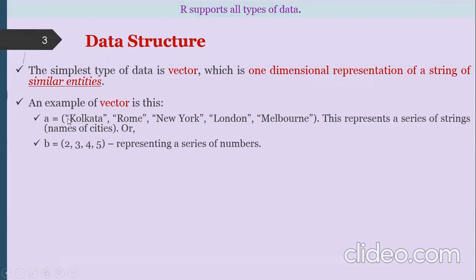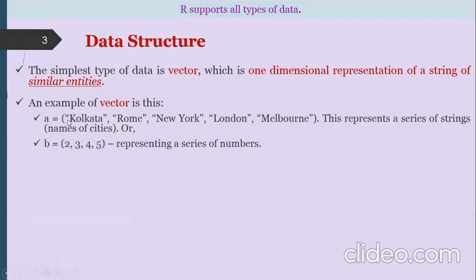All these will be taken into inverted commas and separated by commas. So our program will take A as a vector, and these are Kolkata, Rome, New York, London, Melbourne.